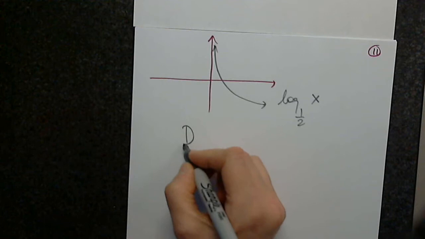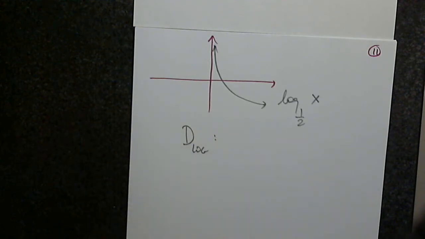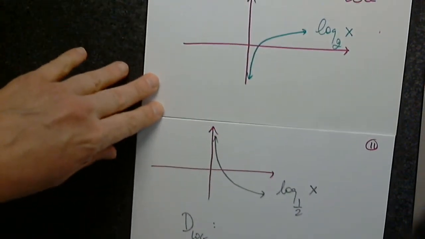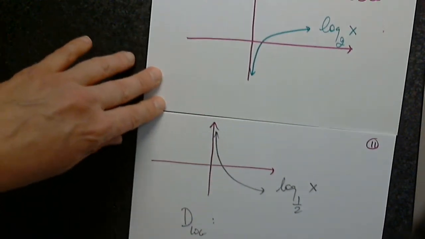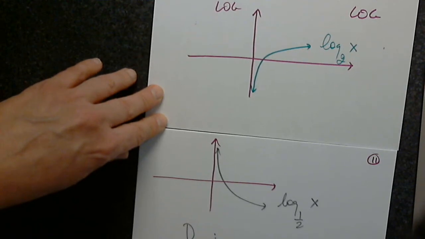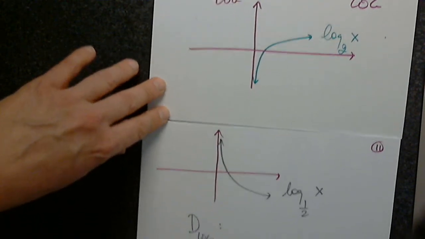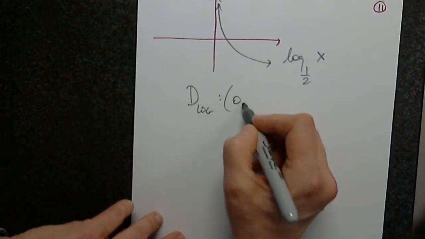What is the domain of a log function? Pure log. If you look at these two graphs, you will identify the domain right away, in case you forgot. Okay, let's look at the graphs. The domain is 0 to infinity, as we discussed.